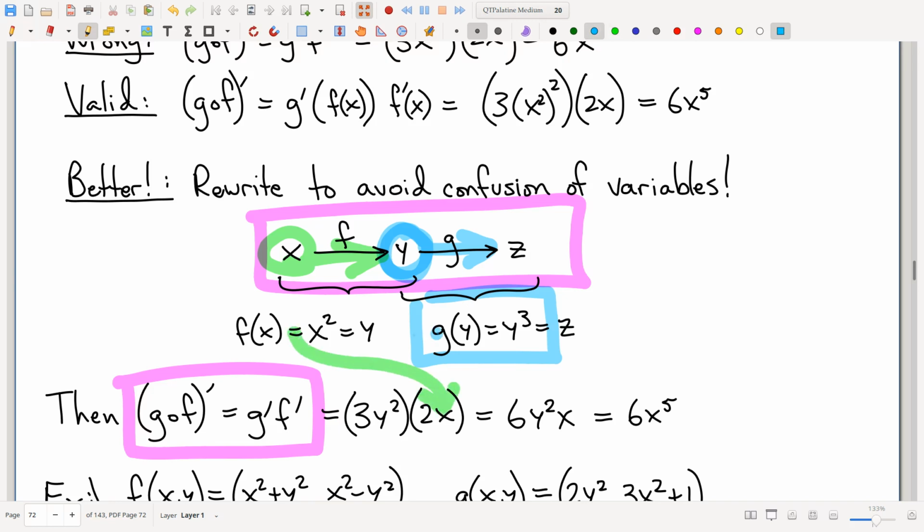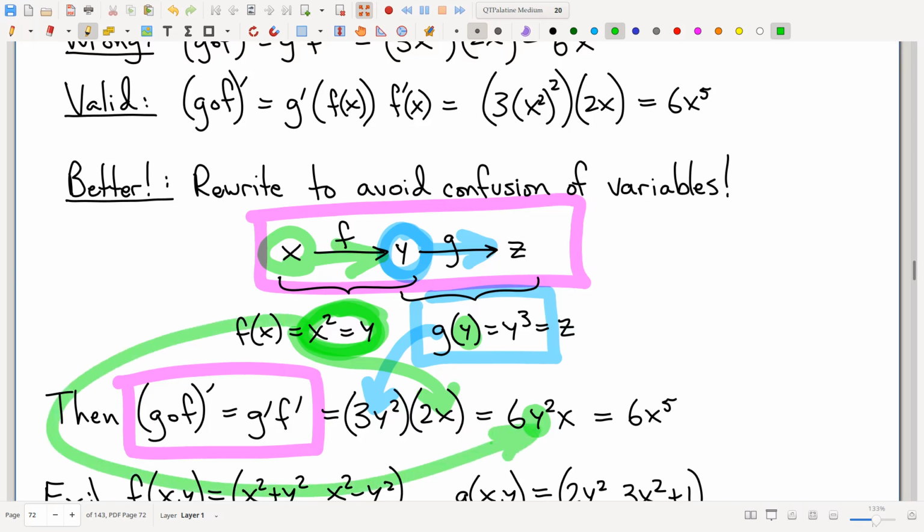The derivative of g, I write down. And oh, cool, I now have a visual reminder that this thing called y, being as it is the input to the g function, must also be the output from the f function.